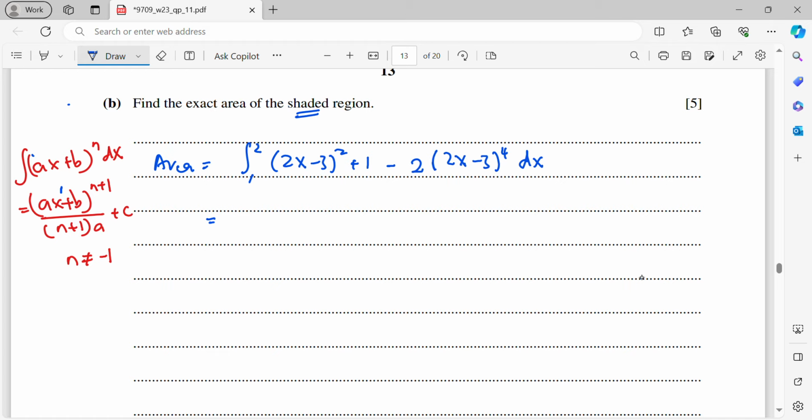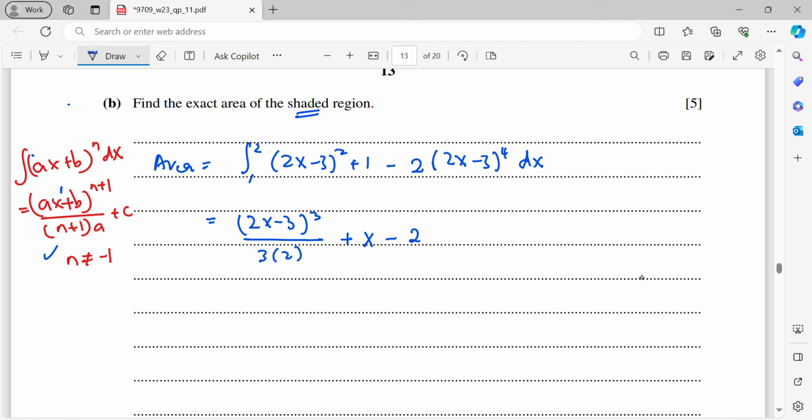Since the degree of x is 1, it must be a linear function. Since the functions inside both brackets are linear, I will just use this formula. So this is 2x minus 3, the degree 2 becomes 3 over the new degree, and differentiating 2x minus 3 gives 2. Then integrating 1 gives x.